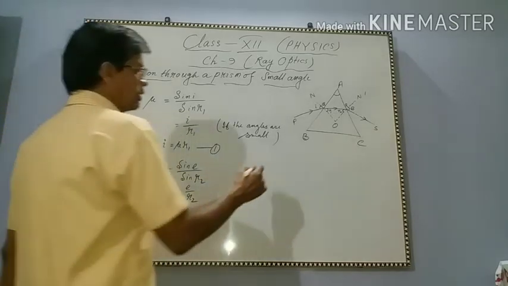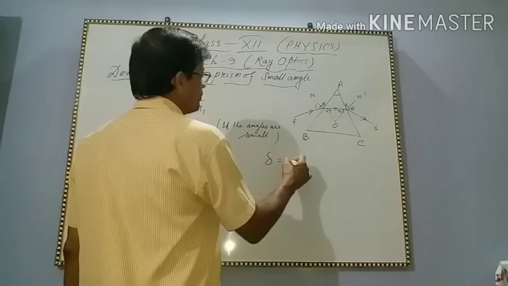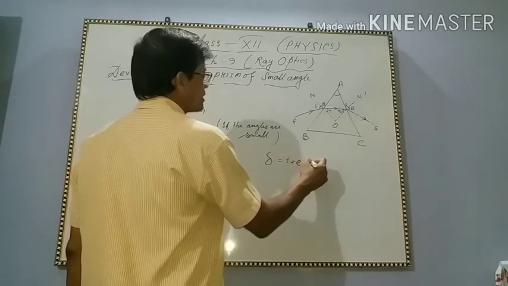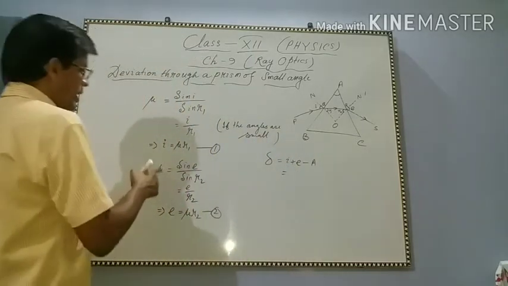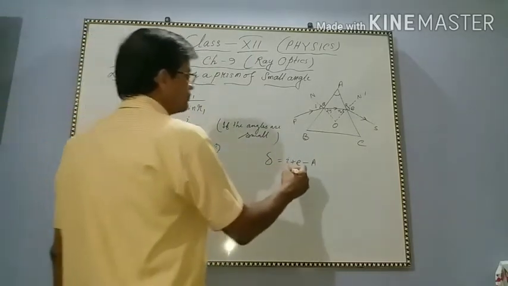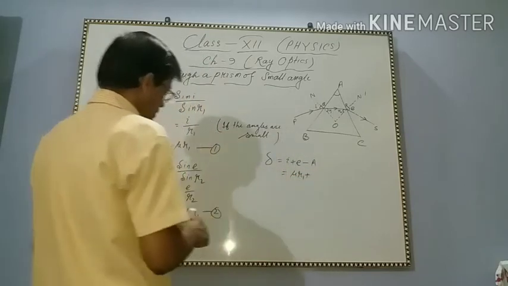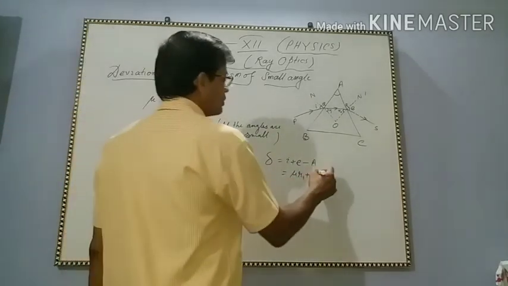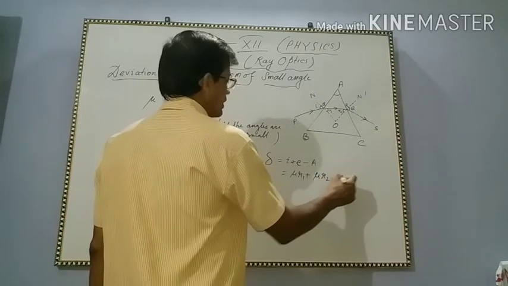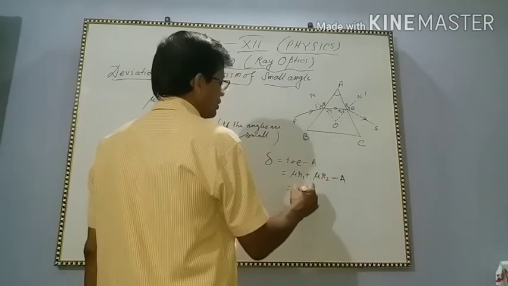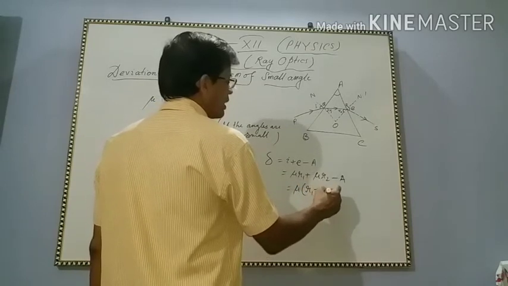And we have got the deviation delta equal to i plus e minus A. So what is i? i equals mu r1, plus e is mu r2, minus A, equals mu common, r1 plus r2.